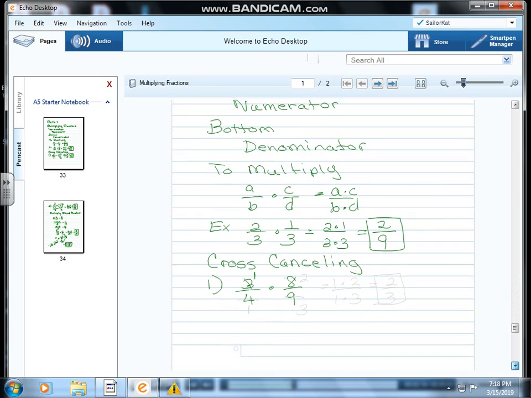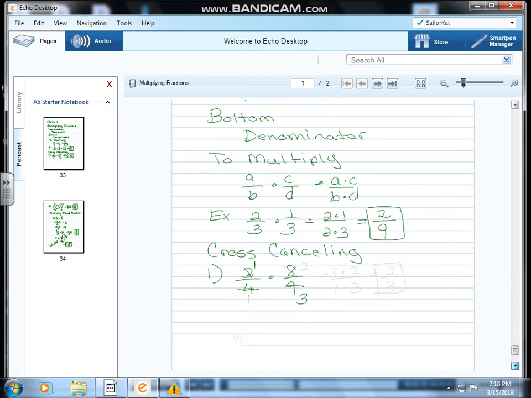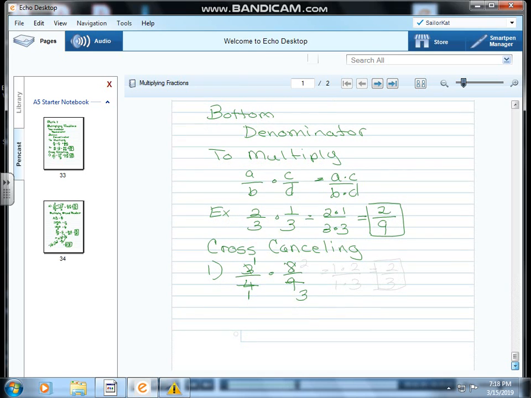It goes into itself once and 9 3 times. I can look across and see 4 is a factor of 8. Now, I rewrite this so I do not confuse myself, and I end up with 1 times 2 and 1 times 3, and it's in simplest form.